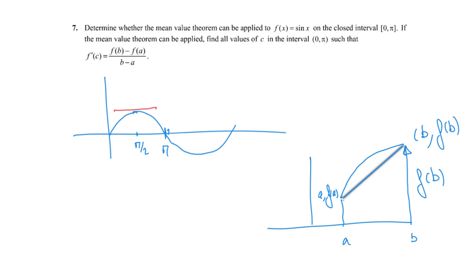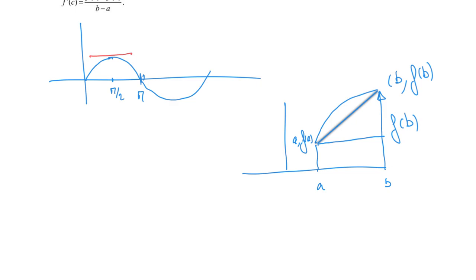Okay, and here there is a slope. What is the slope here? The slope is the rise divided by the run. The rise is f of B minus f of A. And the run is B minus A. So this secant line that connects the point A, comma, f of A, and B, comma, f of B, has this slope. What does the theorem say?